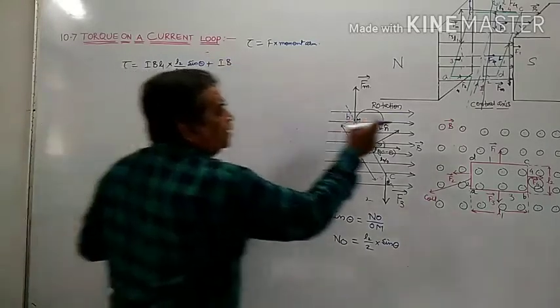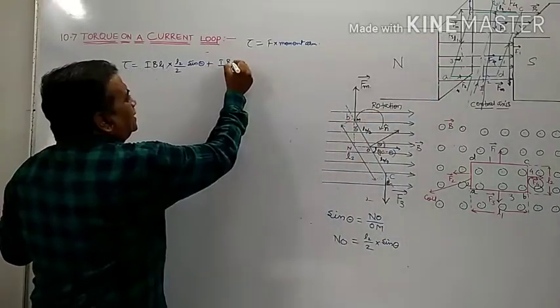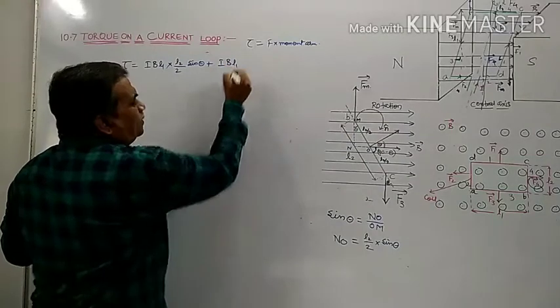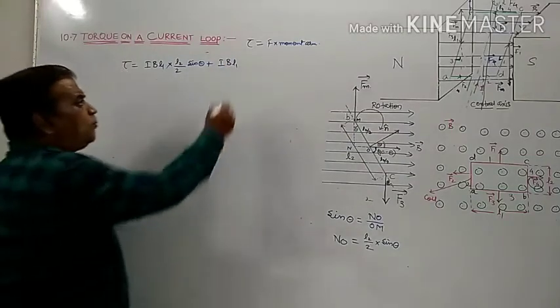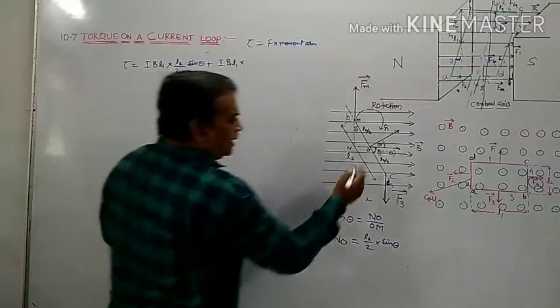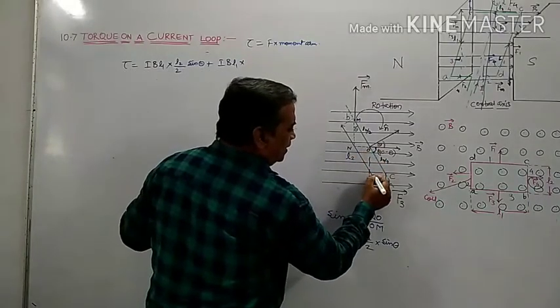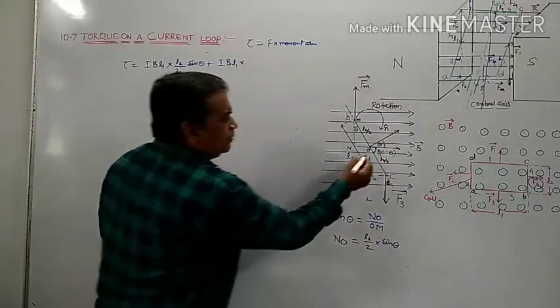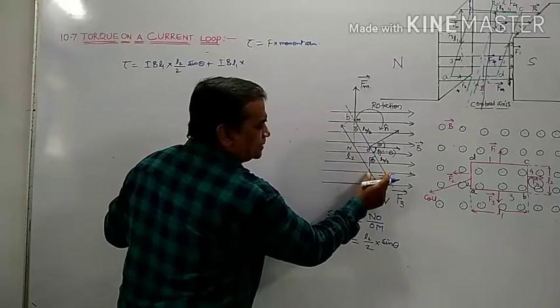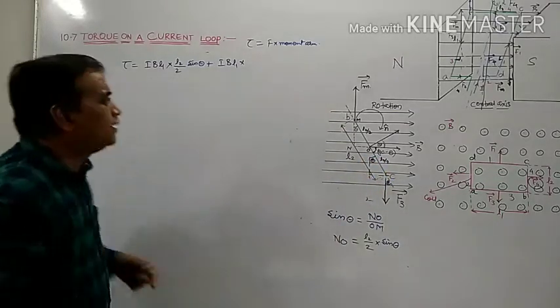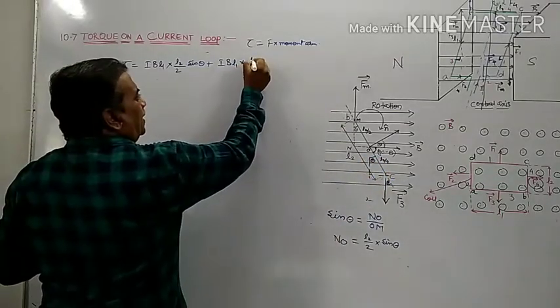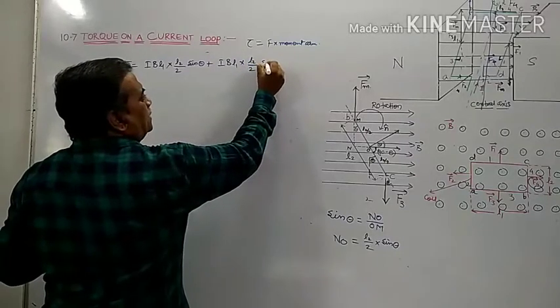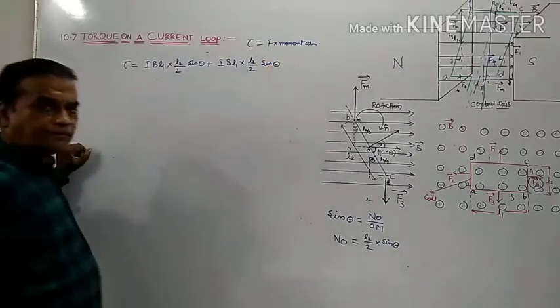The force acting on the segment CD is I B L1 multiplied by the moment arm R. Again, if I find the moment arm R here, this angle is theta and this side is also L2 by 2, so the moment arm is L2 by 2 into sine of theta.